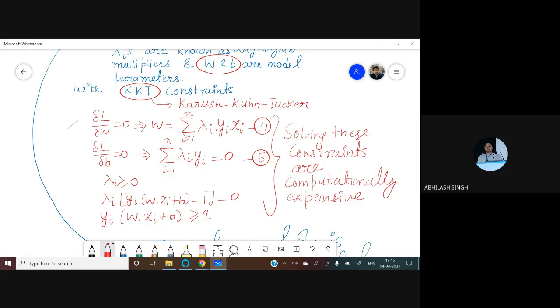Then, from equations 4 and 5, all the Lagrangian multipliers are positive. The Lagrangian multiplier multiplied with the constraint should equal 0, and the constraint itself. Solving these constraints is computationally very expensive, so people take the help of quadratic programming or numerical techniques to solve these types of equations.